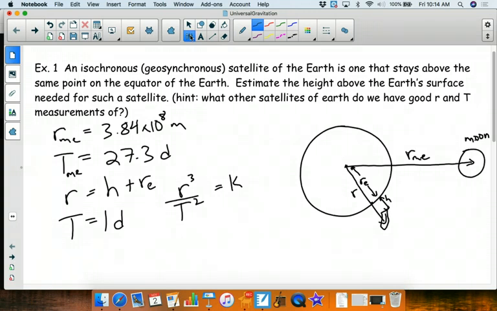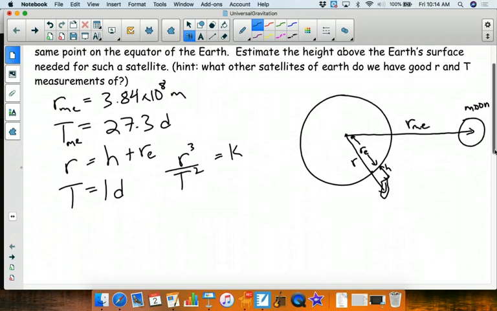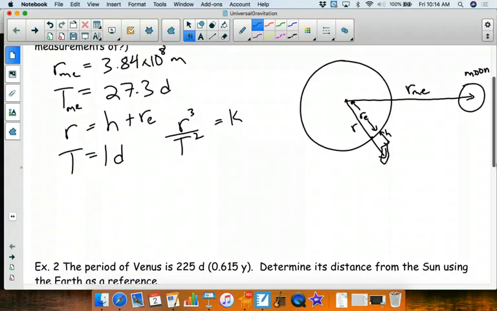It's always the same, because you cube the R and square the T. So if this is constant for all satellites of a certain object, then if we look at the moon, the radius of the moon to Earth cubed over the period of the moon around the Earth squared will equal R cubed over T squared. You can flip them, it doesn't matter.